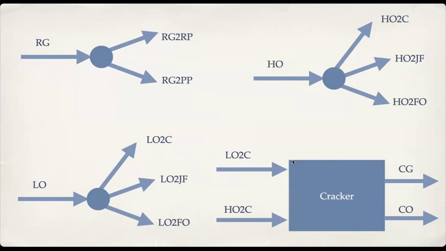Heavy oil is also the same. And if you look at the cracker, it receives light oil and heavy oil. And we have two products, cracked gasoline and cracked oil.